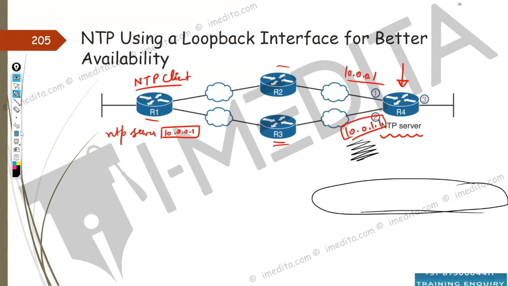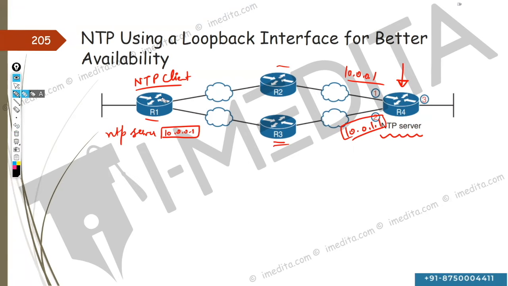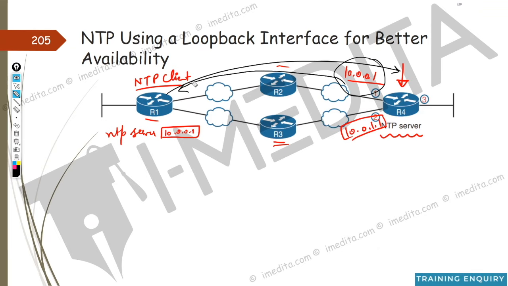R1 is going to send requests to pull time using this IP. The destination IP for those requests will be 10.0.0.1, and R4 will be giving time. There will be no problem in this scenario.